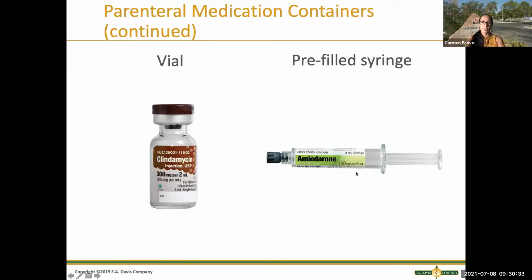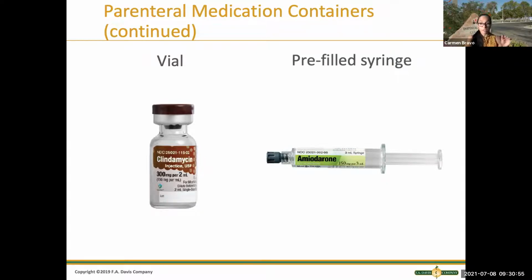Some examples of pre-filled syringes are for patients admitted in the hospital. We normally put them on anticoagulant medication so that, from lying down, they don't develop a clot or any complication from being at the hospital. So we give them heparin injections in their stomach, subcutaneously, once or even twice a day.